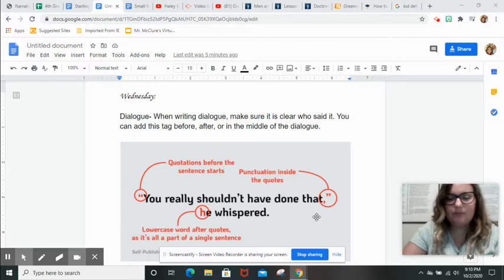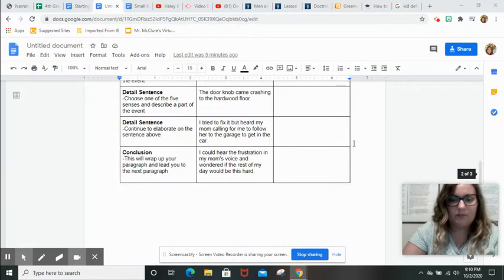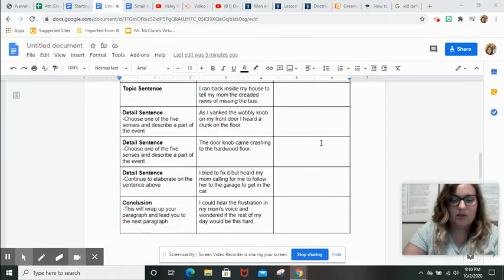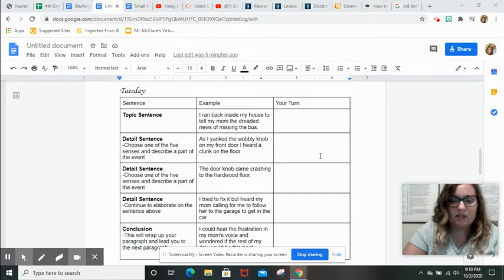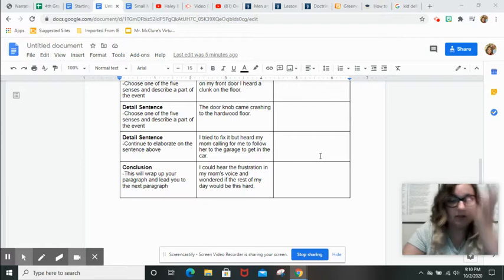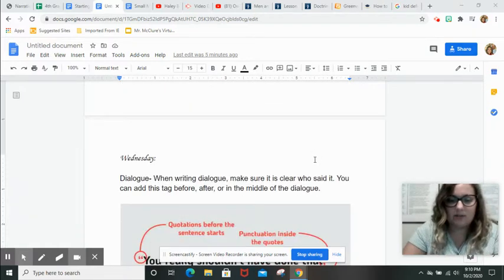Taking a look back at our story that we have been working on together, of the fourth grade boy who has missed the bus and is getting ready to begin his first day of fourth grade, let's practice adding some dialogue.